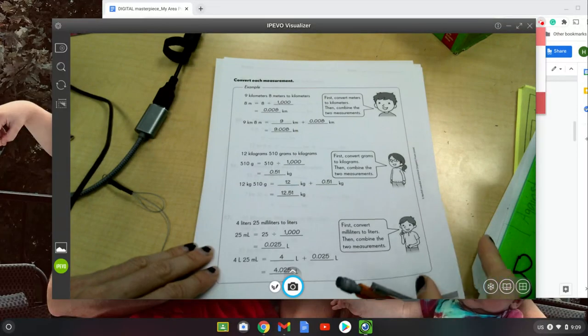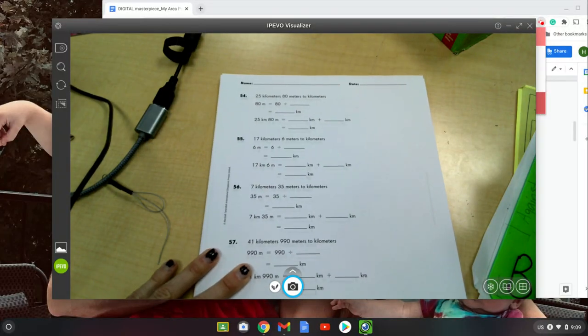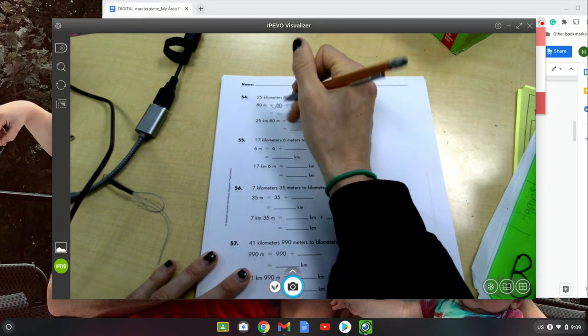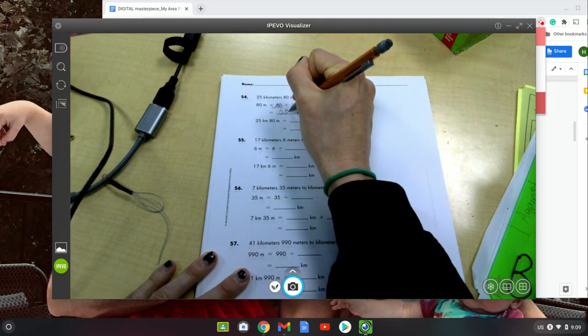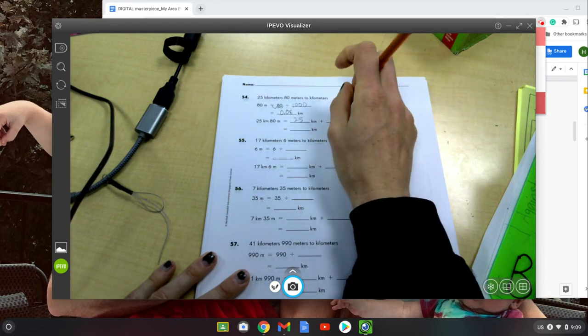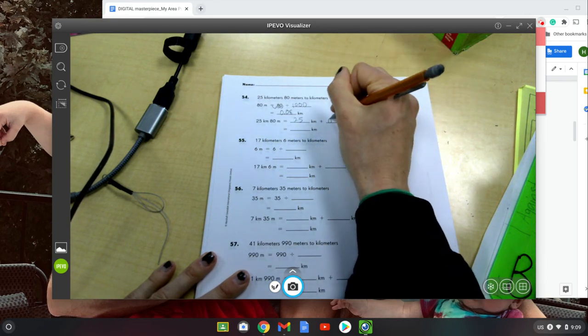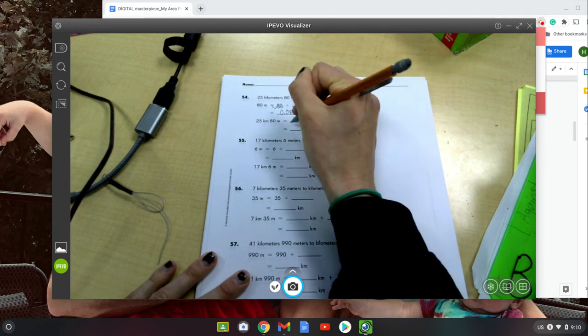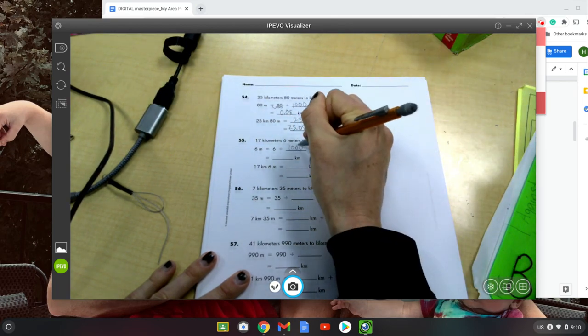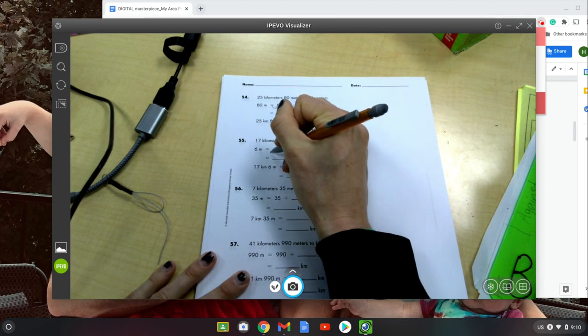Now we're going to be dividing, going the other way. Divided by 1,000, 1, 2, 3. Dividing by 1,000, 1, 2, 3.